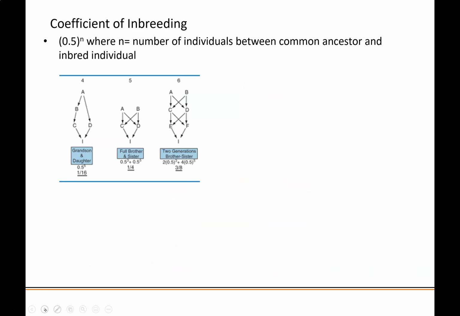Couple more examples. Again, I don't expect you to describe what these relationships are. Some of them are quite complicated, actually. Some of them are pretty straightforward, but you just don't want to think about them. So let's look at this first one, grandson and daughter. We've got 1/2 to the 1, 2, 3, 4.